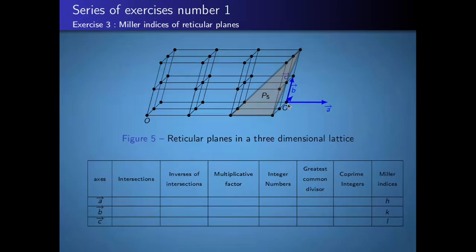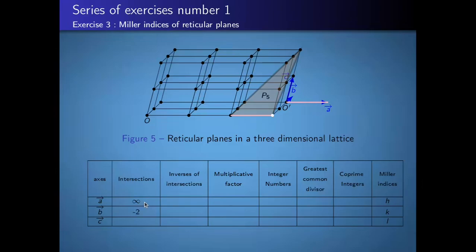And now we have to determine the intersection of this plane P5 with the axes A, B, and C. With A, we note that the plane P5 is parallel to A, and we say that this plane intersects A at infinity.